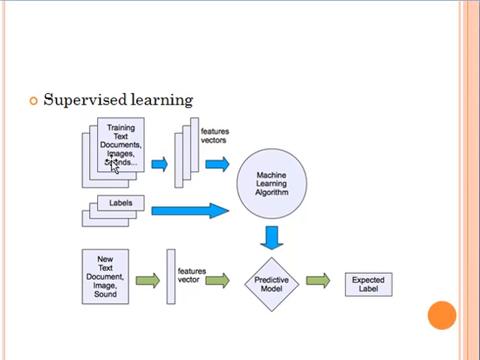As you remember, in supervised learning we also have labels associated with the data set, so we provide our machine learning algorithm not only the features extracted from the input data set, but also the labels of each data item, right?